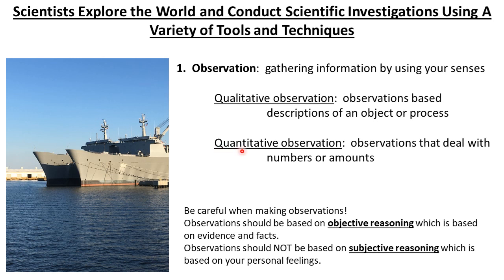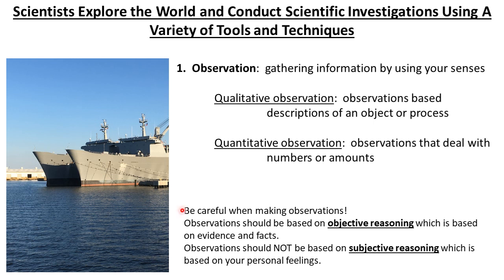Quantitative is based off of the root word for quantity. And when we talk about the quantity of something, we're talking about how much or the amount of something that there is. So quantitative deals with amounts, qualitative deals with descriptions.